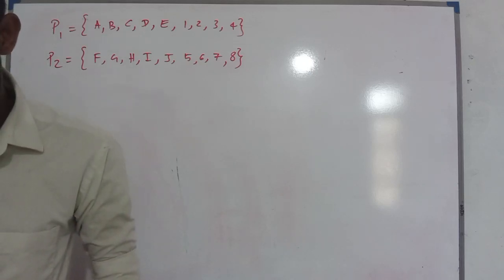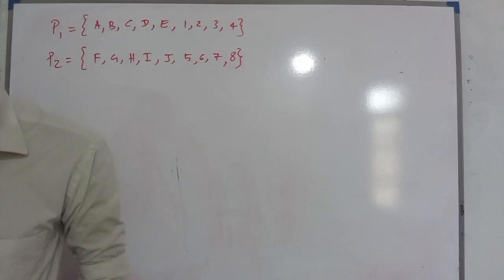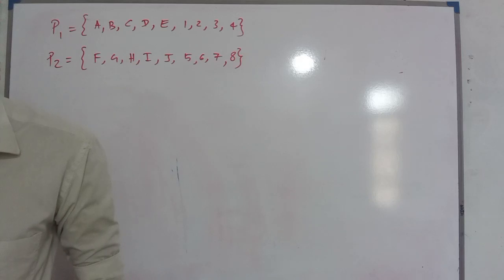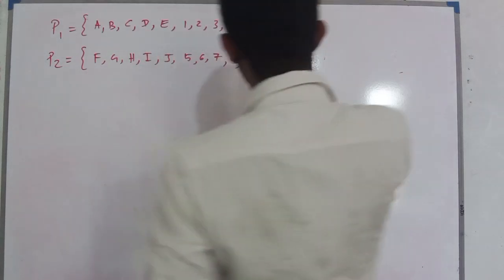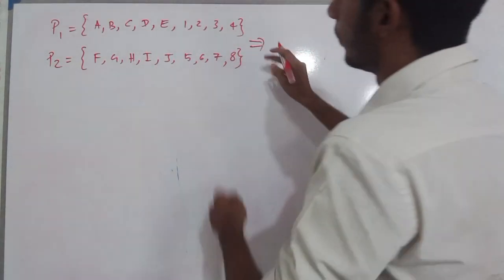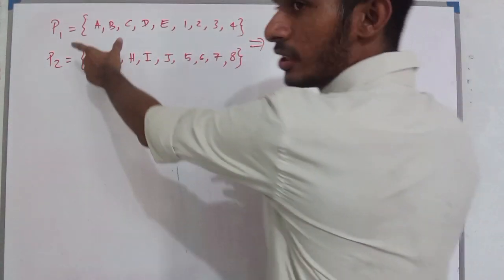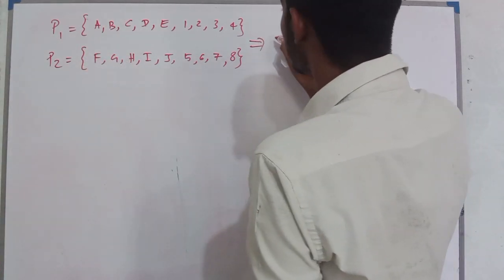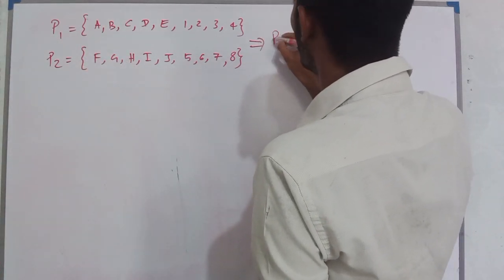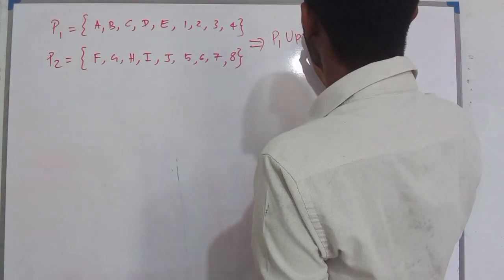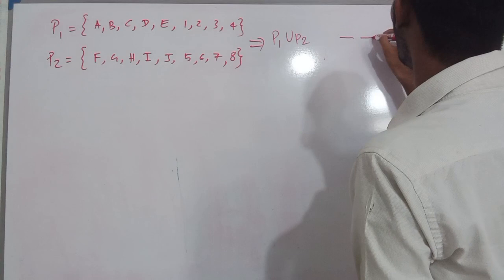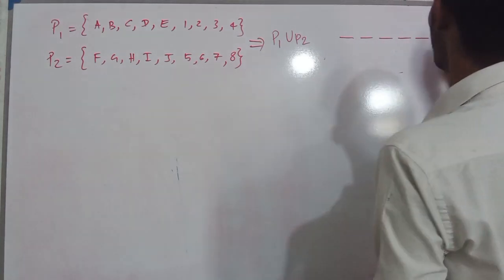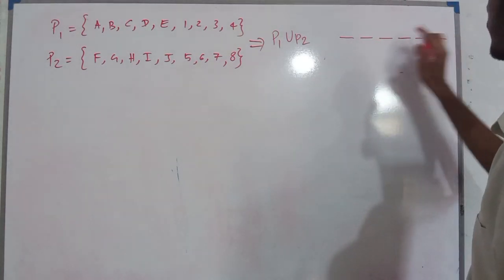It is required to form a password consisting of 6 elements taken from P1 union P2. Now we have to generate a password, right? So from these two sets we have to consider a union of P1 and P2. Now we have to generate a password consisting of 6 elements, 1, 2, 3, 4, 5, 6, right?